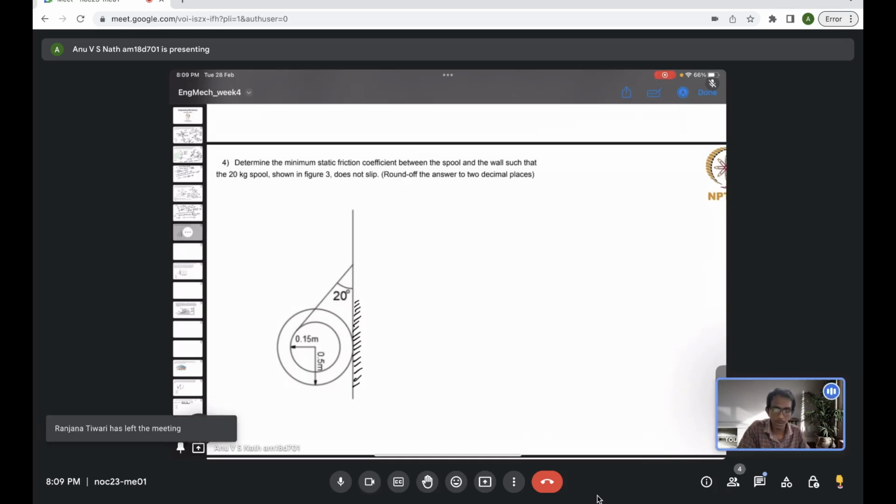If there was no friction, this spool would slip along the wall, and friction is trying to stop the motion, so it will act in such a way that it restricts the motion. Those are the forces acting. You just need to do the force balance and moment balance to solve the problem. You can try this out, and then I'll explain how to do this.